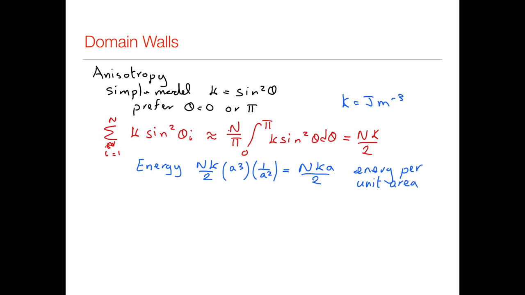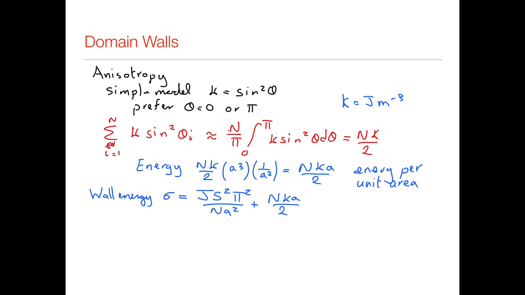So this means that the wall energy per meter squared, sigma, is going to be the sum of the two contributions that I found. It's going to be J S squared pi squared over n a squared, which I found before, plus nKa over 2. And so we now see the two competing contributions.